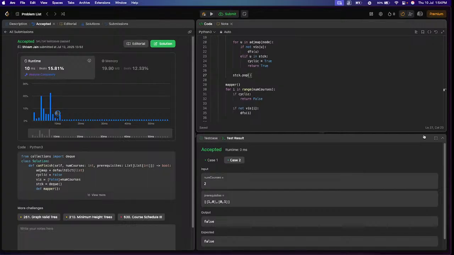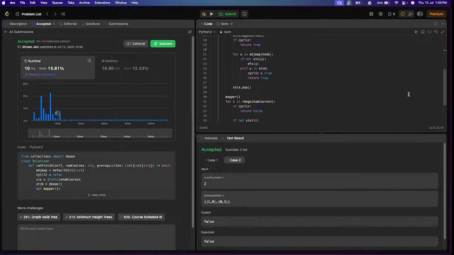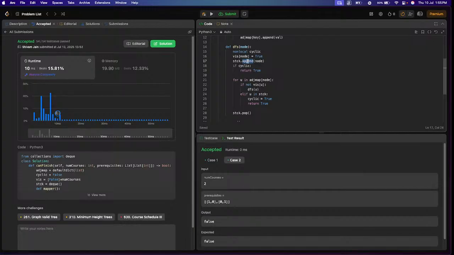All we have to do is, surprisingly, instead of having stack of deque, just have a recursion stack. There you go. This is not really a stack, but hey, who are we to judge? So that becomes stack of node equals true.